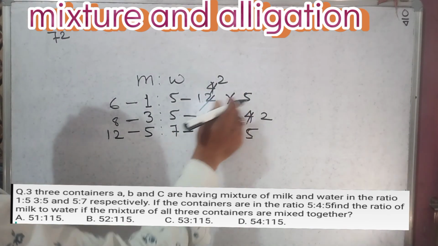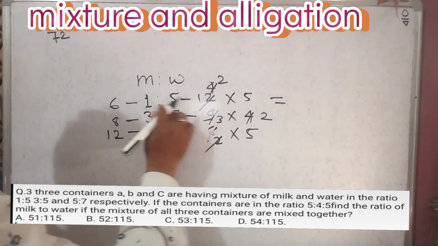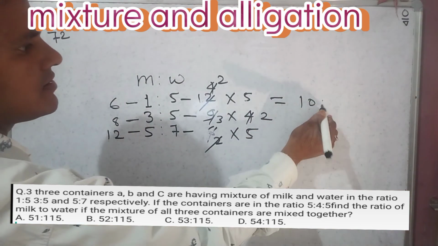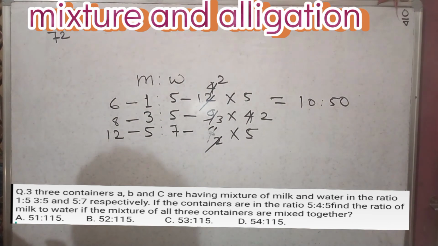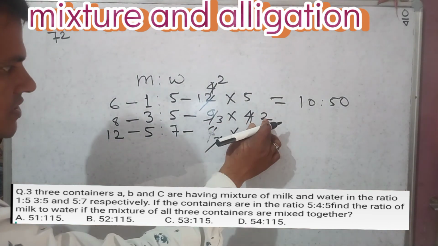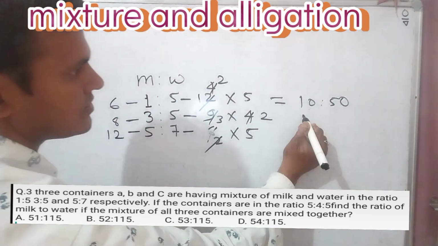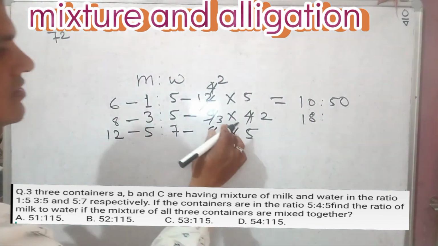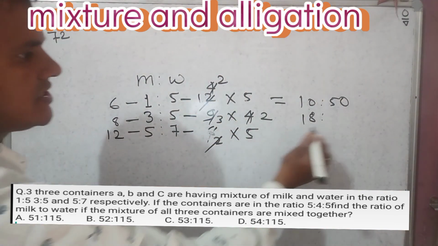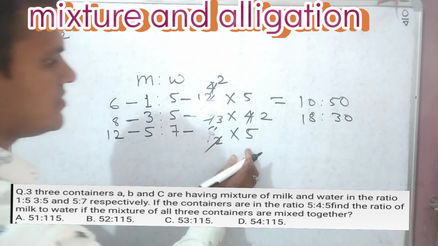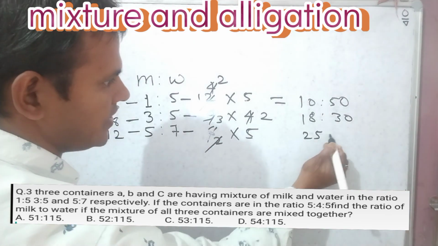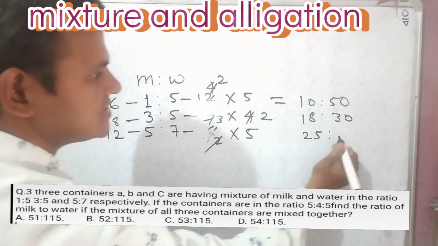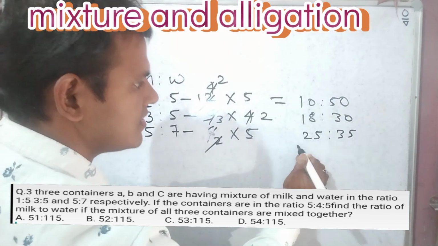So 2 5s are 10, 10 1s are 10, 10 5s are 50. 3 into 2 is 6, 6 3s are 18, 6 5s are 30. 5 into 5 is 25, 5 7s are 35. Now add them.